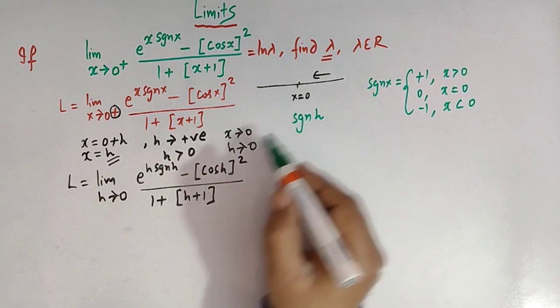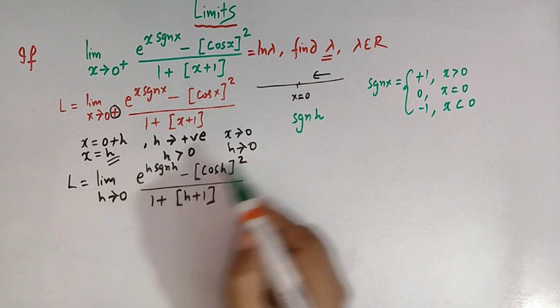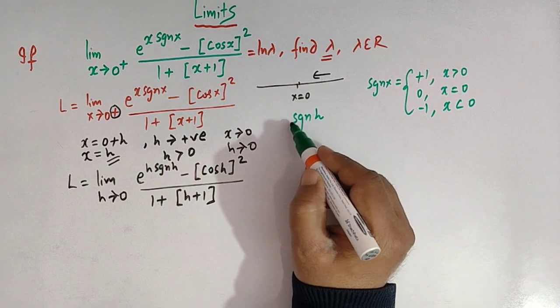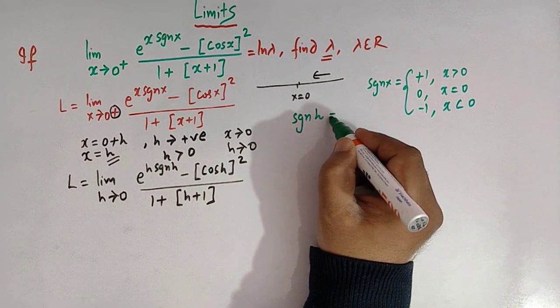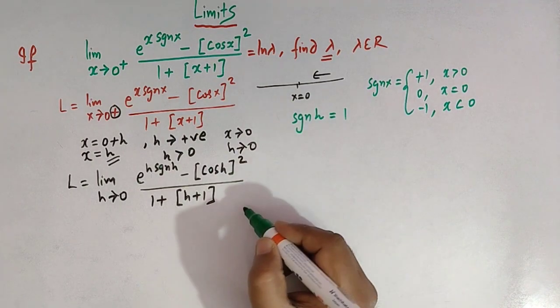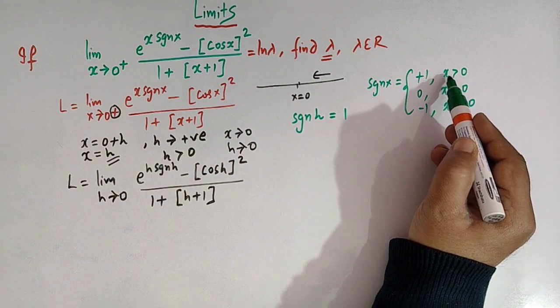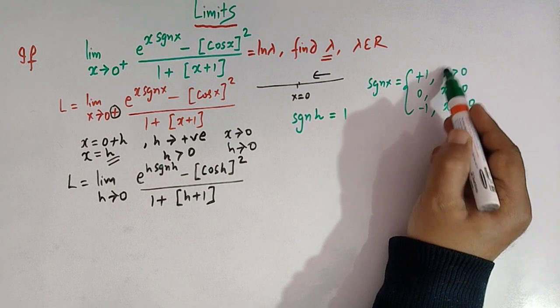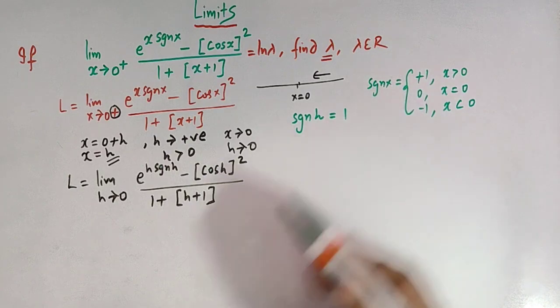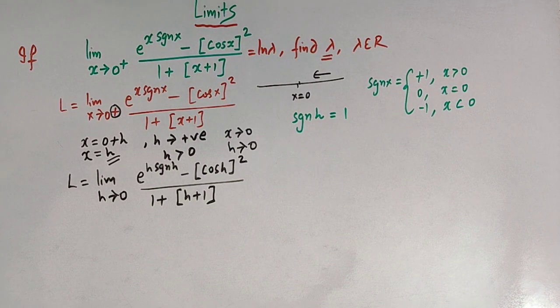And here, when h tends to 0, signum of h is equal to 1, because h is a positive quantity, and whenever x is a positive quantity, signum of x takes the value plus 1.